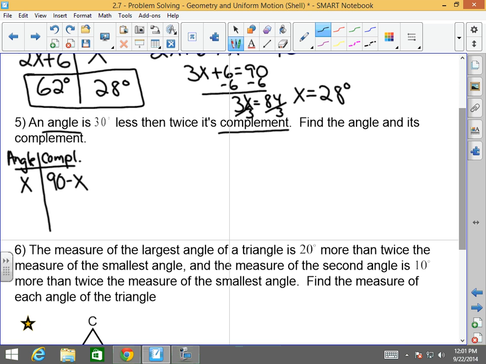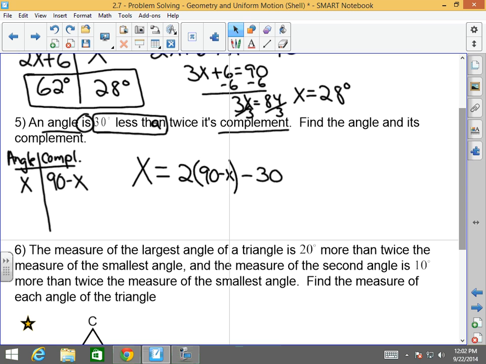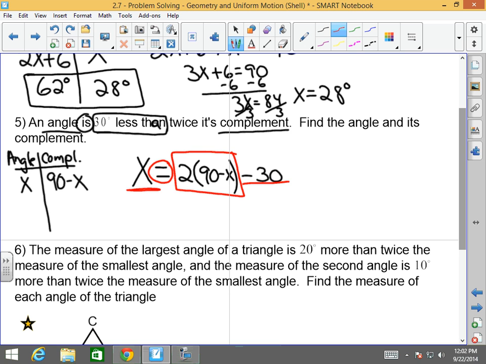An angle, x, equals 30 less than, remember that means switch. So it's 30 less than, so put 30 back here, twice its complement. 2 times the complement of 90 minus x. So again, an angle is 30 less than twice its complement.